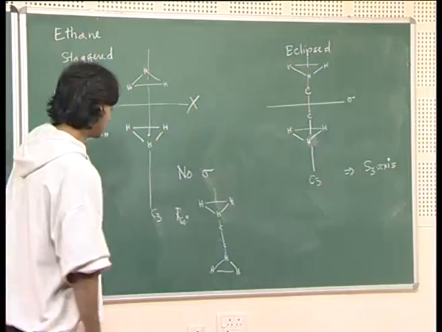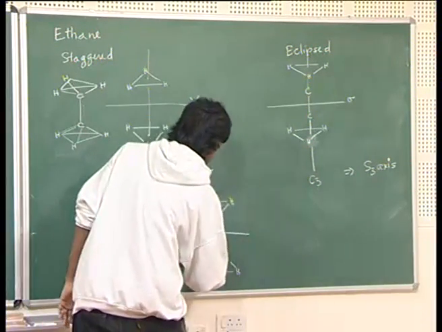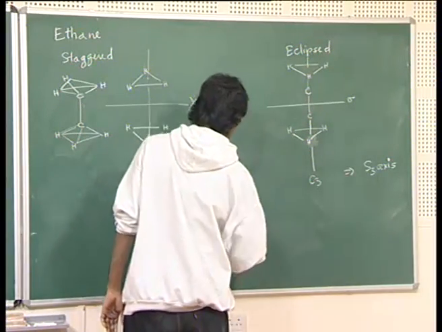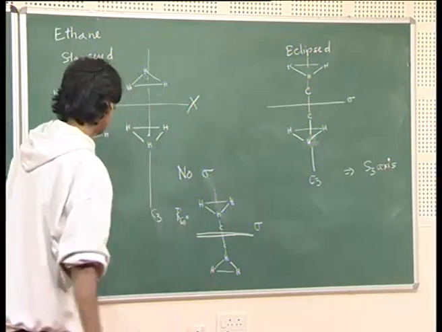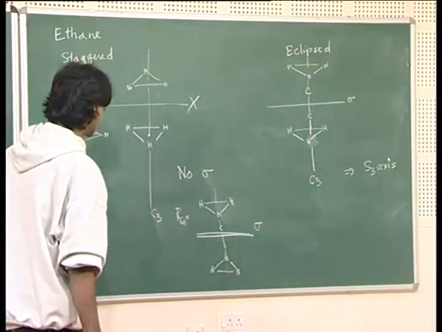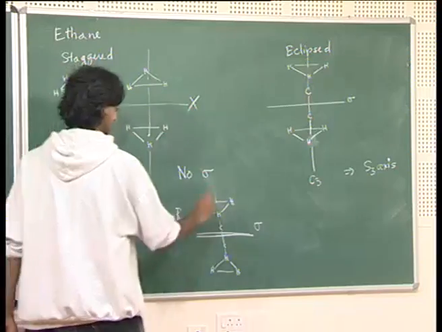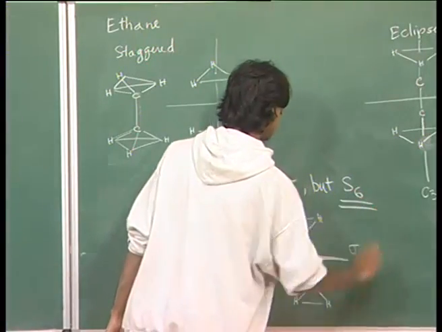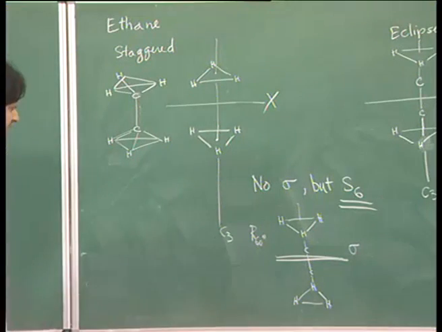Okay. And so, now if you do a reflection, if you follow R60 by sigma, you get back the original configuration, or you get back an equivalent configuration. So, it has an S6 axis.